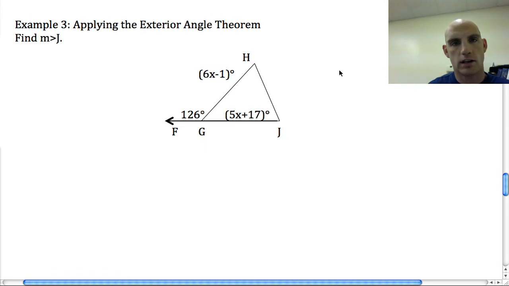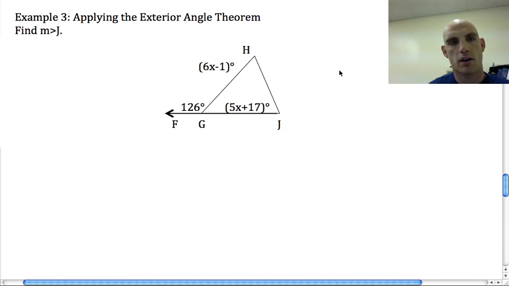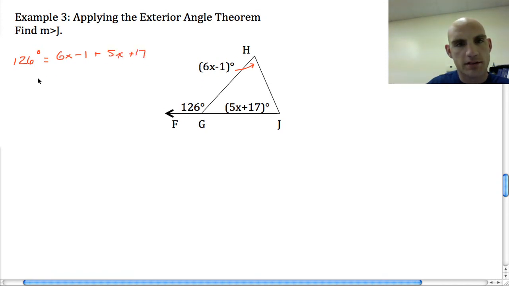Application. I know a lot of this has been definition so far, but we're going application right now. We're going to apply this theorem in this way. When we apply the exterior angle theorem, we are going to say that 126 is equal to the two remote interior angles. So 6x minus 1 plus 5x plus 17. I'm going to simplify my terms.